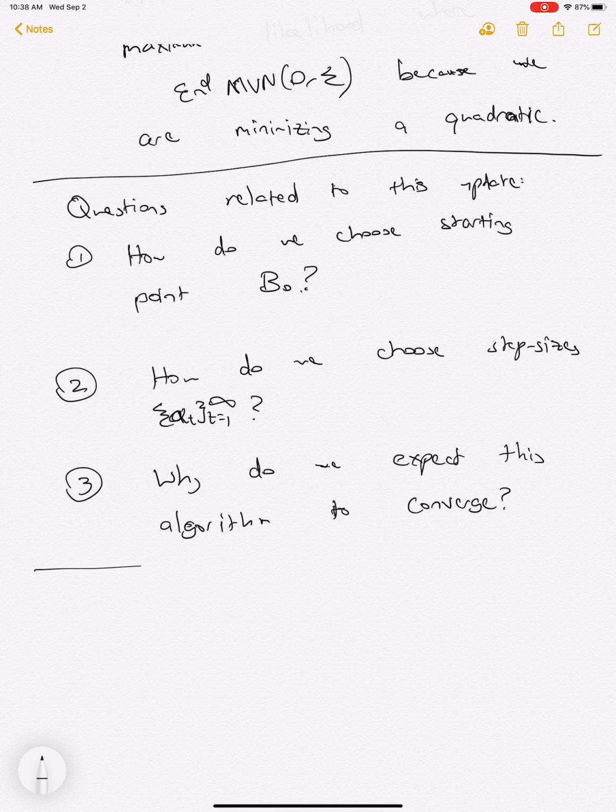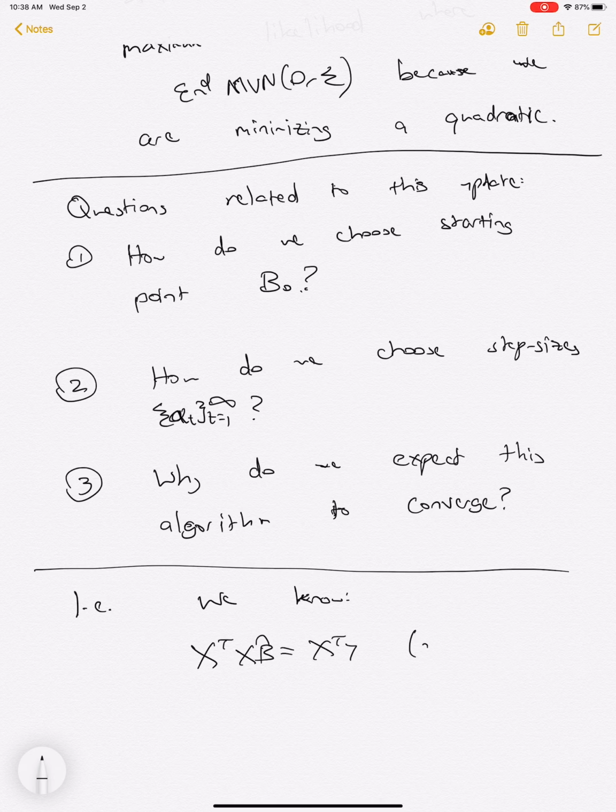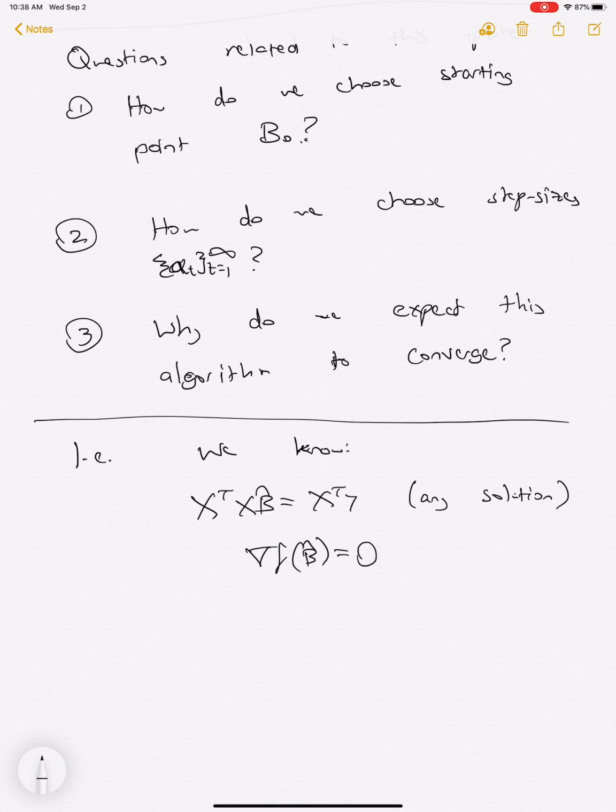So what we're trying to say is that we know that's the solution. You can think about this as just the same as saying that the gradient of f of b hat equals 0.